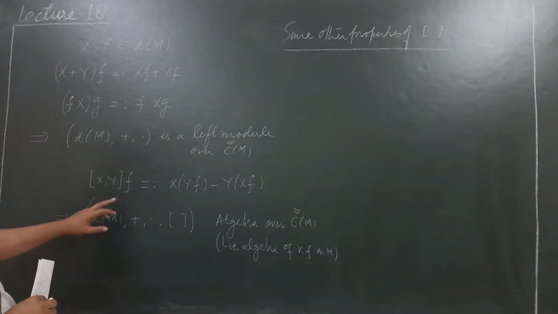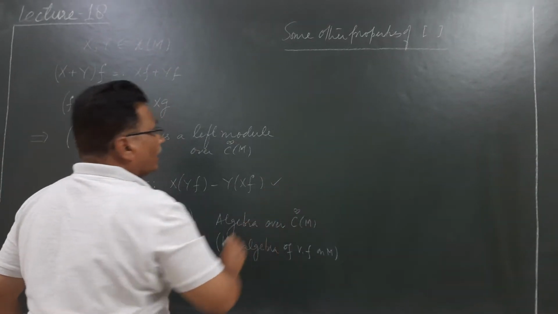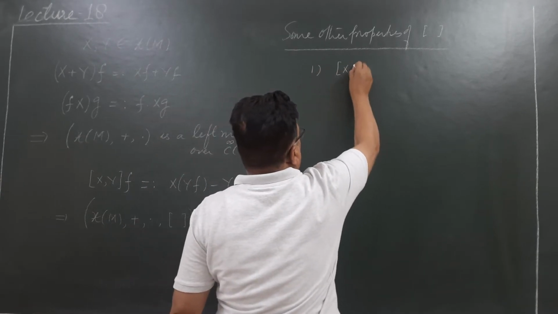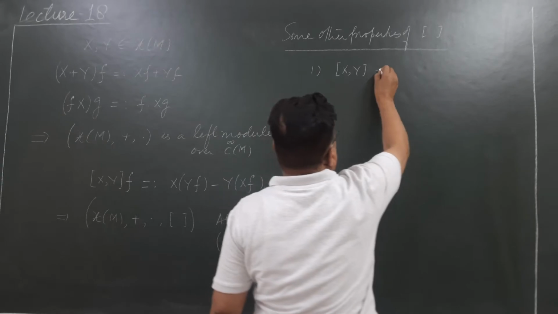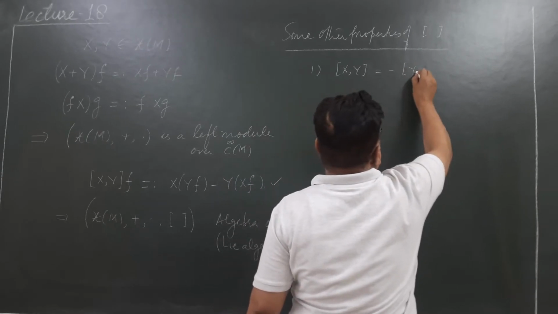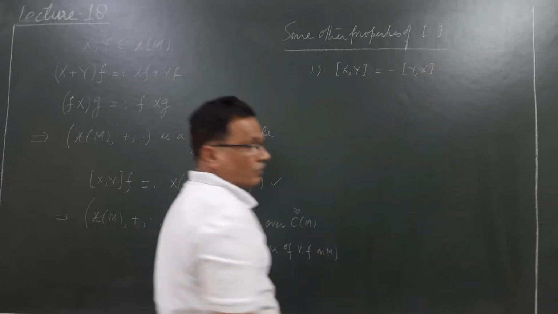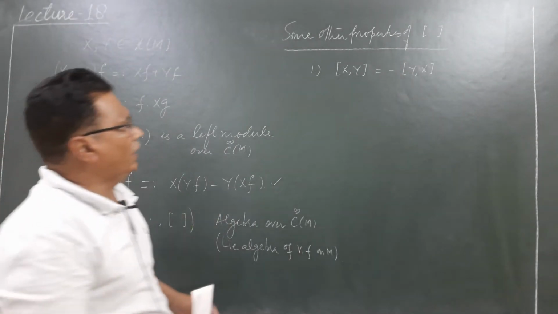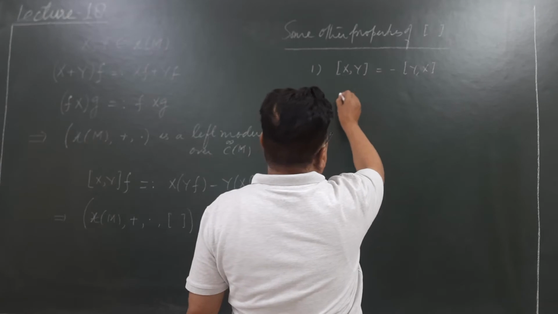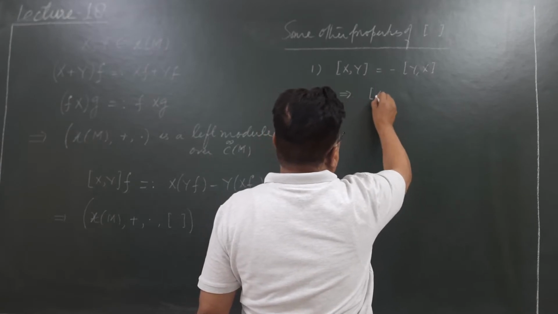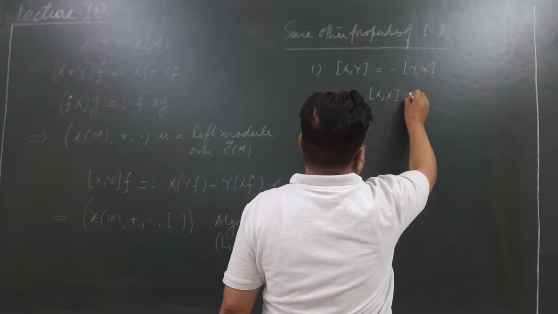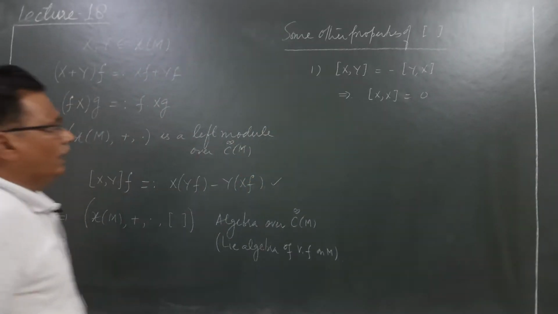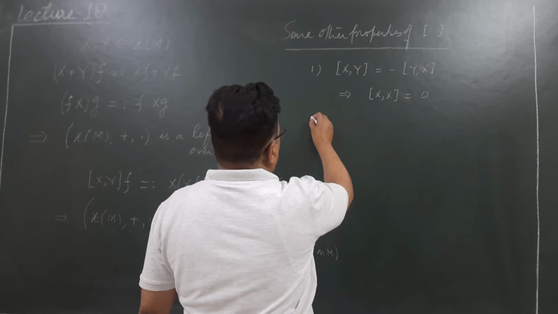If you look at the definition, you can immediately notice that the Lie product is skew symmetric, meaning [X,Y] equals minus [Y,X]. This follows from the definition straight away. And as a consequence of this, I can say that the Lie bracket of X with itself will always be 0. Okay. These are some obvious observations.